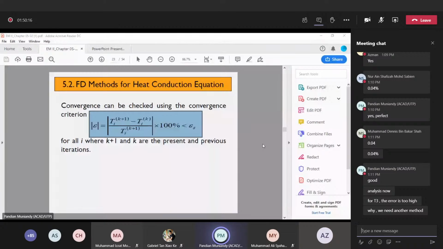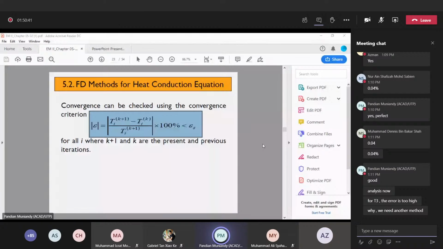So what is the solution, class? The solution is we have to move on to another method. Slide number 43 is called the Crank-Nicholson method.